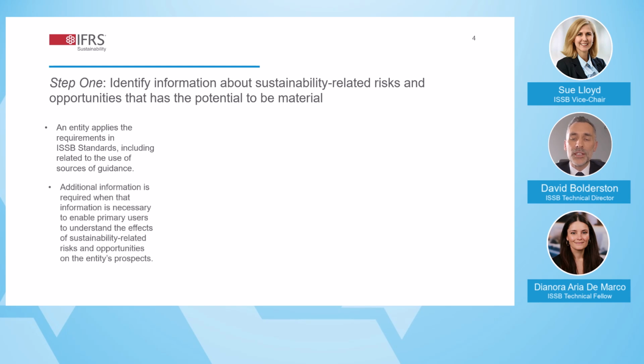In addition to the particular disclosures set out in the ISSB standard, entities are required to disclose additional information when that information is necessary to enable primary users to understand the effects of sustainability-related risks and opportunities on the entity's prospects, even if an ISSB standard does not specifically require the disclosure of that particular information. And we're going to say more about that requirement in step 3, so hold that thought for now.